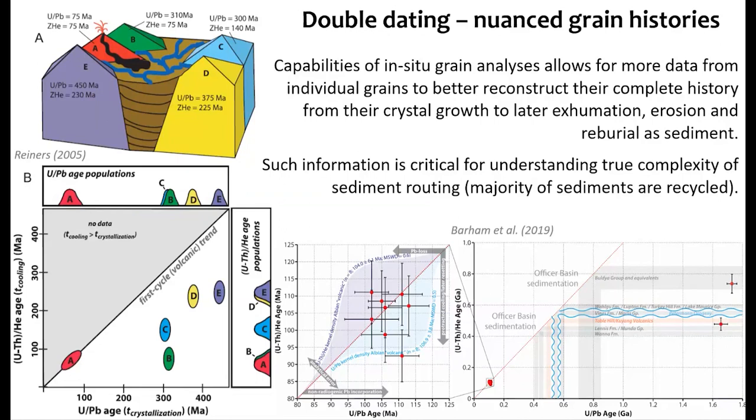So there's just a schematic example. This is an example from real sediments from underneath the Nullarbor Plain, where we identified a volcanic signature in most of the grains we were looking at. But equally, we identified older grain signatures that were matching broader burial systems within the region.